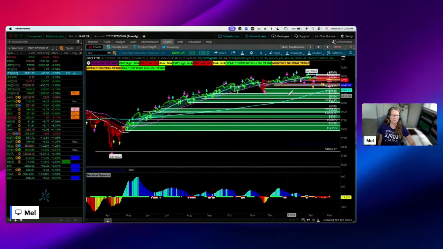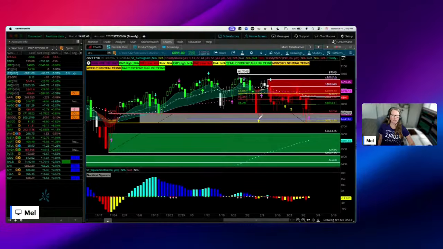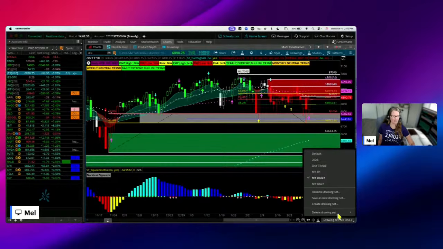A demand zone is a place in the market that I am looking for price to bounce from. I am looking for buyers to step in, buyers to overwhelm sellers, and for the buy orders to outpower sell orders, meaning that the price on the equity goes up.